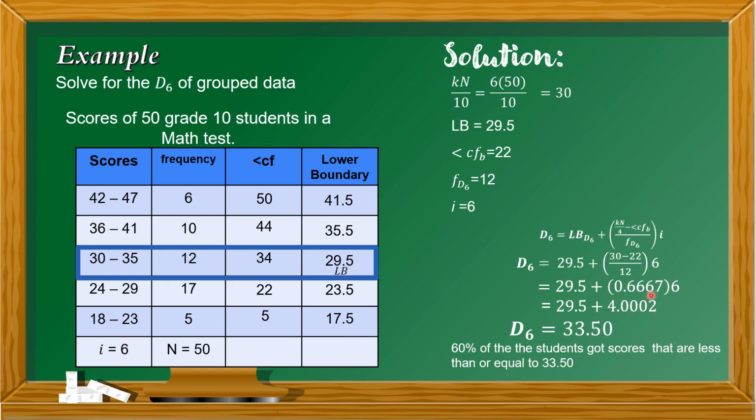Using PEMDAS, multiply 0.6667 times 6, and that will give us 4.002. 29.5 plus 4.002 is equal to 33.50. Our 6th decile is 33.50. 60% of the students got the scores that are less than or equal to 33.5.